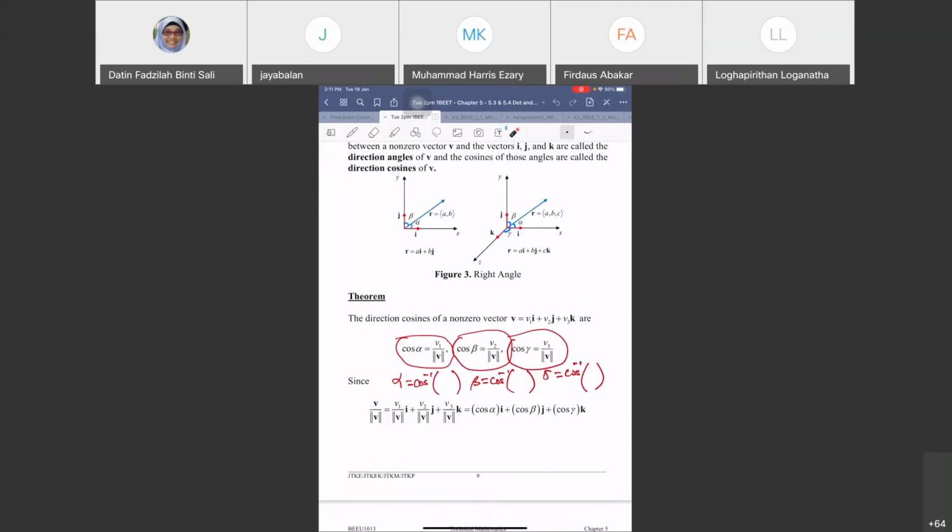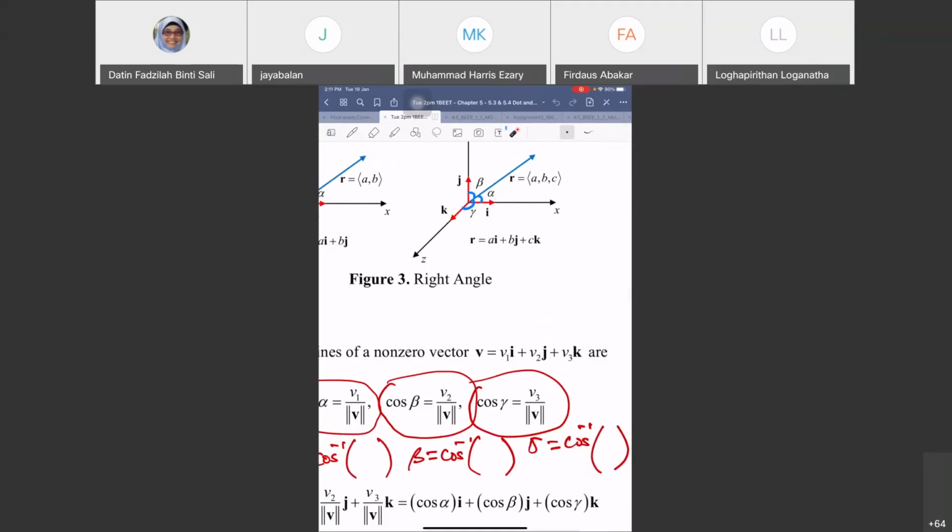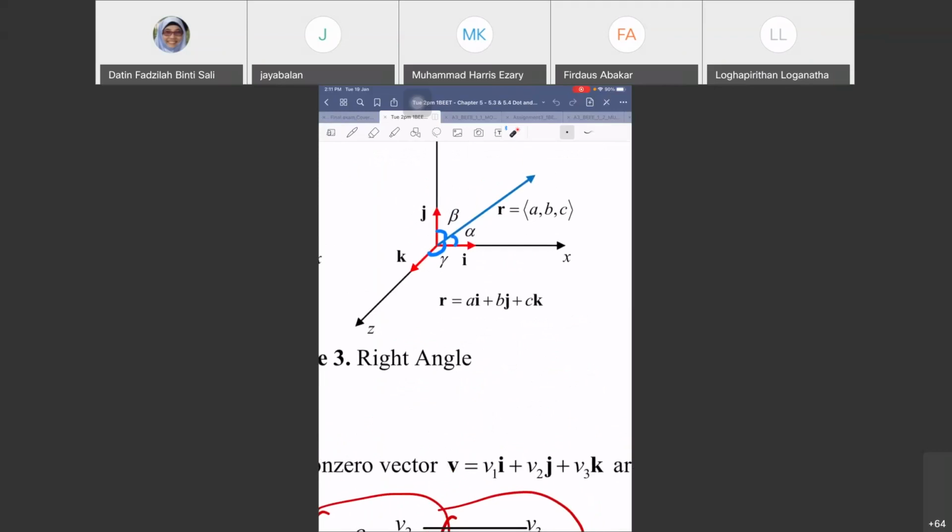Direction angles are alpha, beta, and gamma, and those angles are formed between a given position vector and the positive x, y, and z axes respectively. If we talk about a three-dimensional coordinate system, then we will have these three direction angles, or direction cosines.